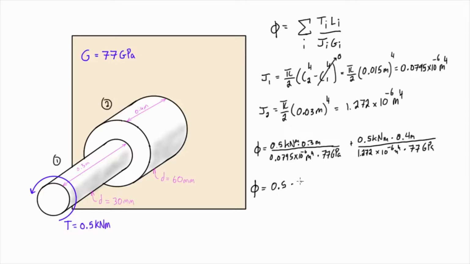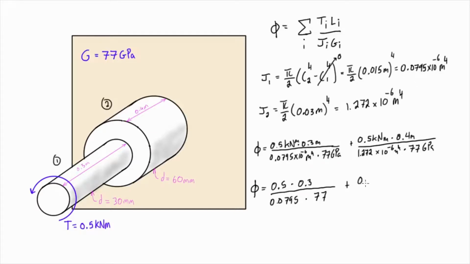We're just going to be left with 0.5 times 0.3, and on the bottom we're left with 0.0795 times 77. It makes our lives really easy if we're using this 10 to the minus 6 and all these other units.